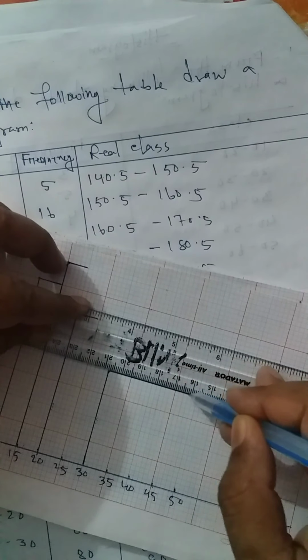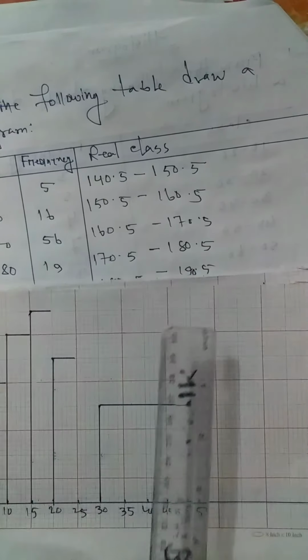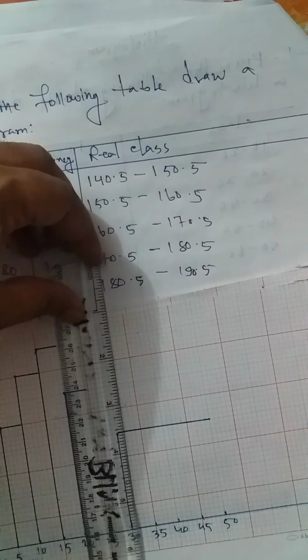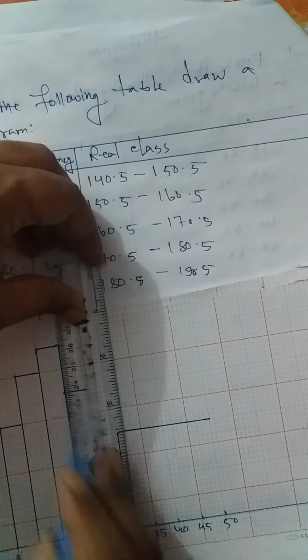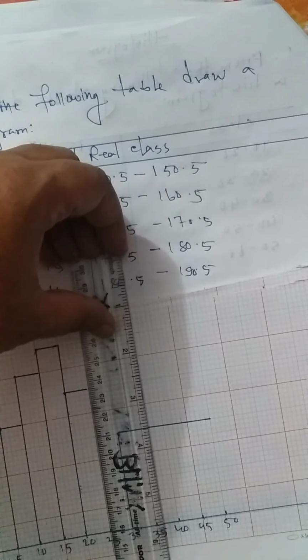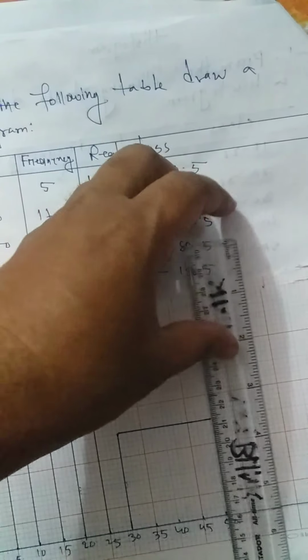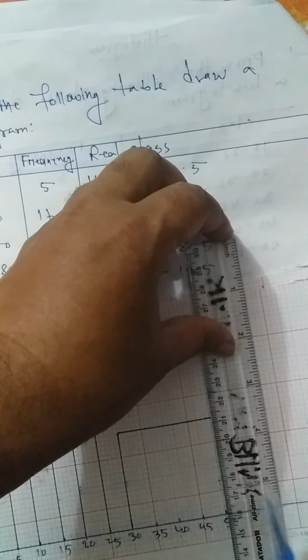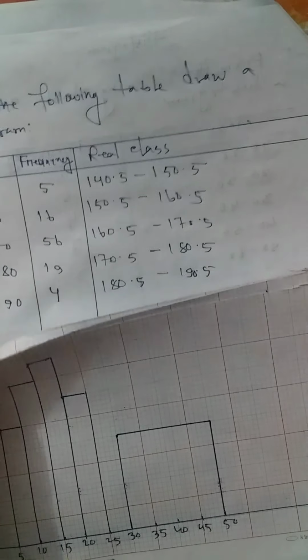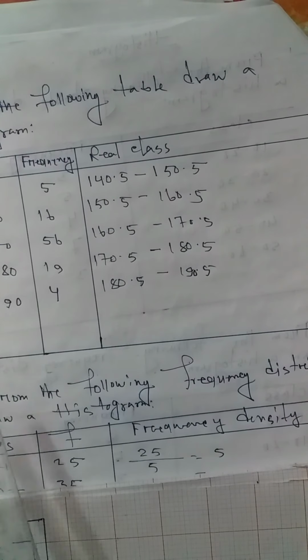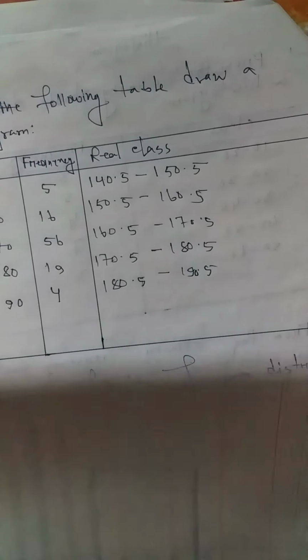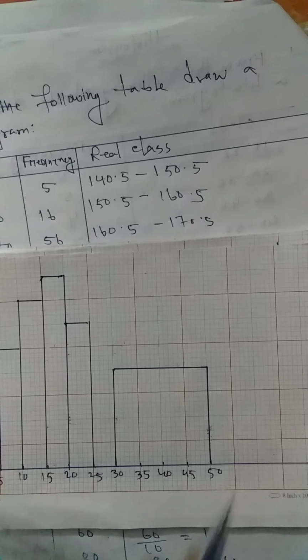This is 30 to 50. Now fill in the gaps. 20 to 30.